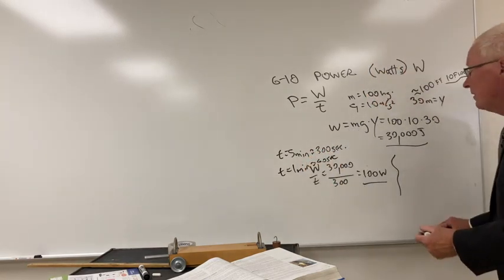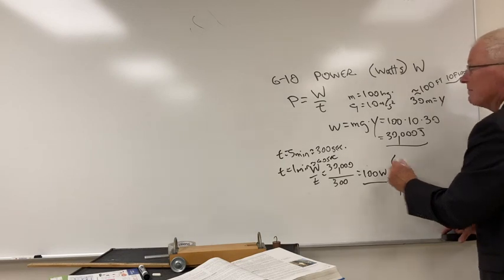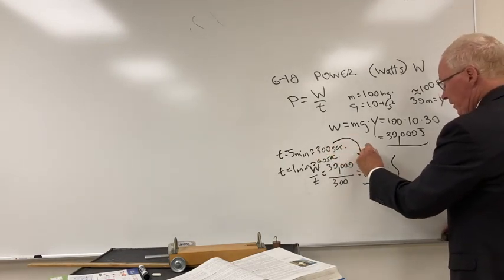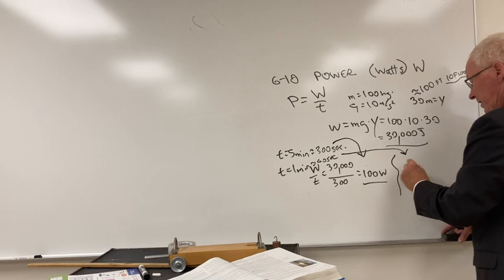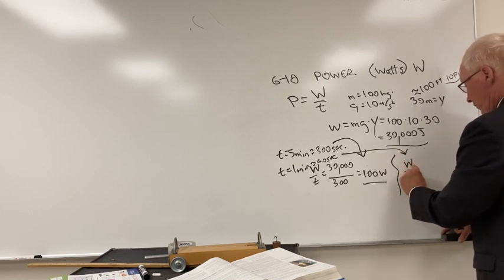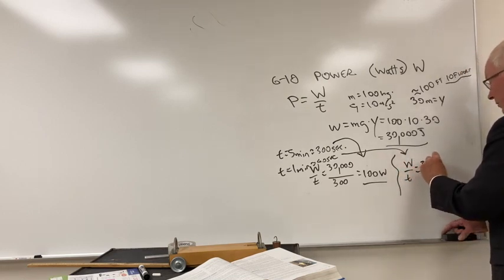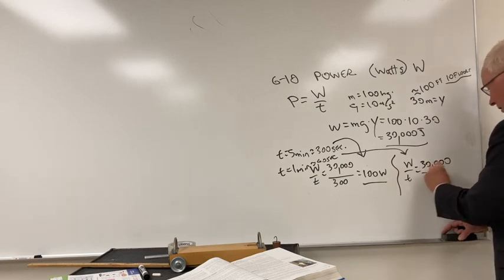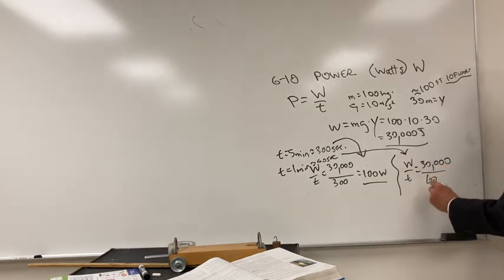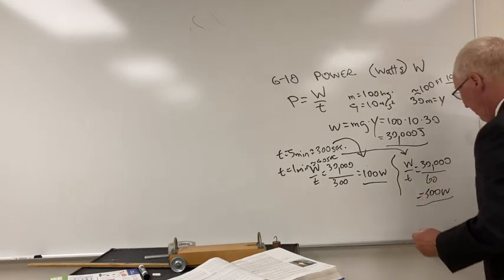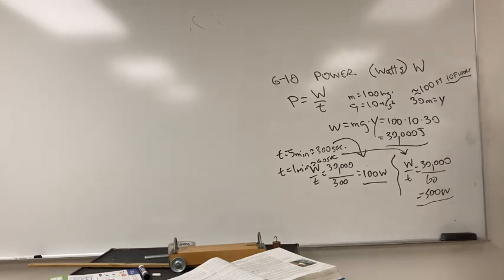Then for this case, the work over the time will be 30,000, still the same amount of work, over 60, which will be 500 watts, which is actually a very large amount of power. So this would be racing up the stairs. This would be doing 10 flights at roughly a flight every 6 seconds, which is possible for somebody who's really fit.